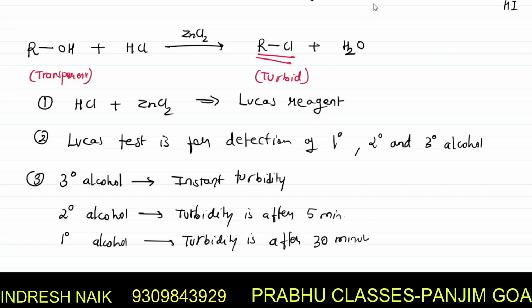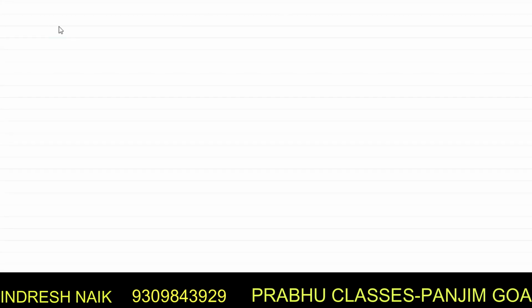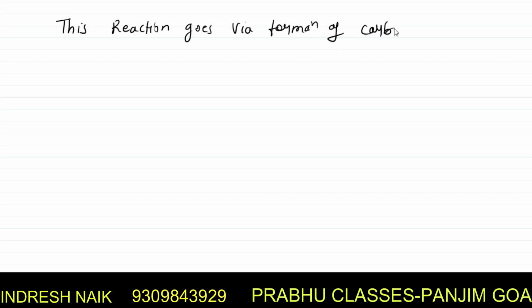We'll understand the reason for this. Why does tertiary alcohol give a faster turbidity than secondary, and secondary faster than primary? If it is a tertiary alcohol, this reaction goes via formation of a carbocation.